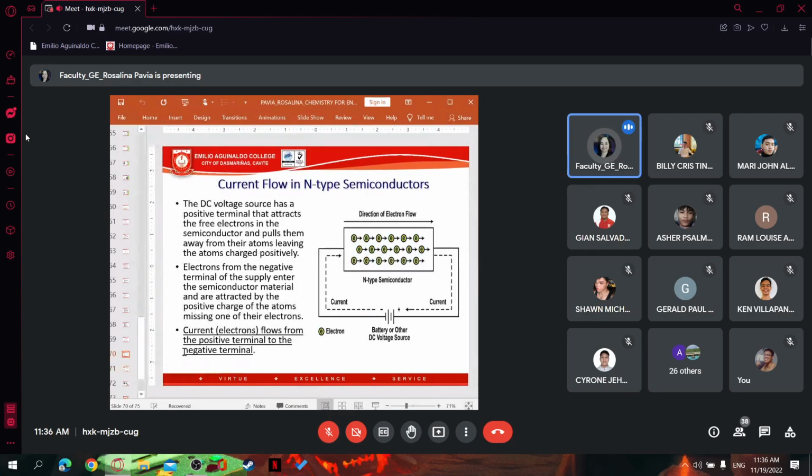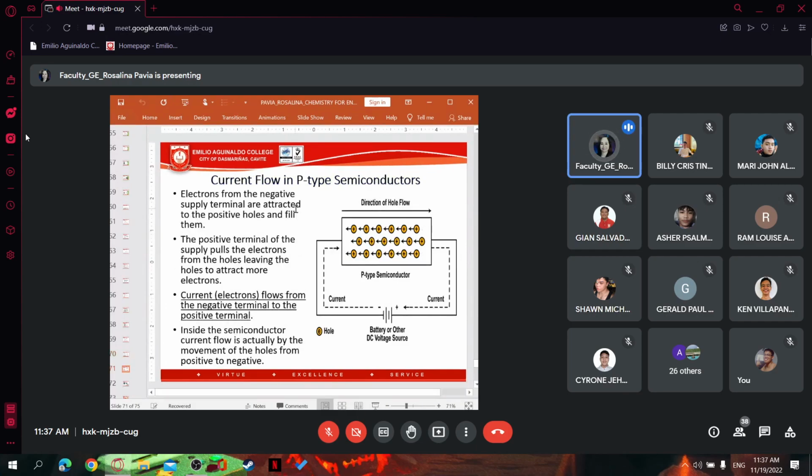So it's the opposite here in the P-type. If the flow of electrons for the N-type is clockwise, then the direction of electron flow in your semiconductor is clockwise for the N-type. For the P-type, it's the opposite. The movement of the electrons in your semiconductor is counterclockwise. But of course, the direction of current flow is always this way.